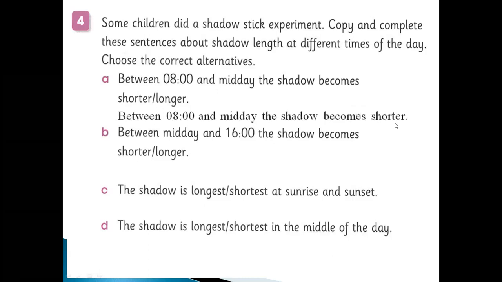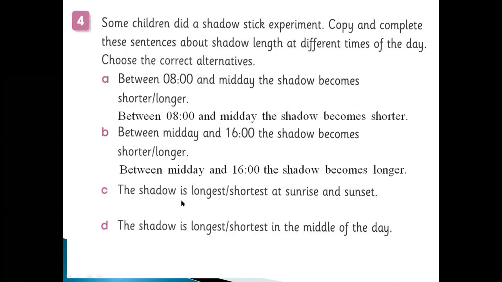It becomes shorter. Between midday and 4 o'clock, you see the time for this and this. At 4 o'clock, the shadow becomes shorter or longer? Obviously, at 16 or 4 p.m., the shadow becomes longer. 4 p.m. is afternoon.